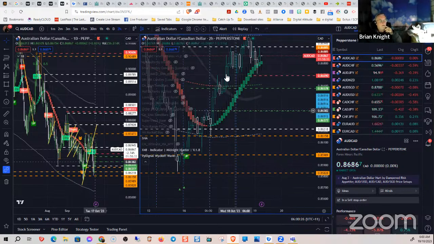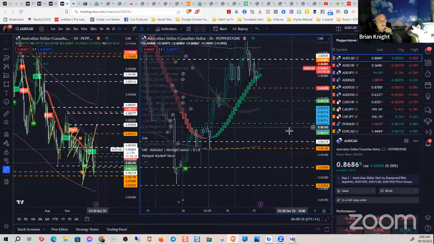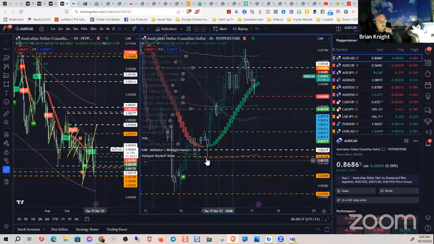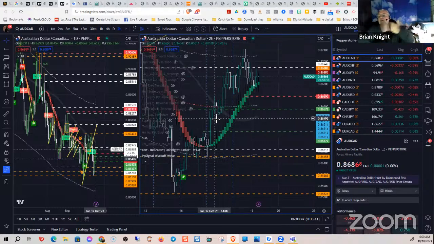So every pip it moved up would have been more profitable in that sort of turn, and my stop loss would have been here. And as soon as it pushed up there, my stop loss would have gone here. So I would have been able to go into take profit on a stop loss much sooner than I did when I did enter. Does any of that make sense?